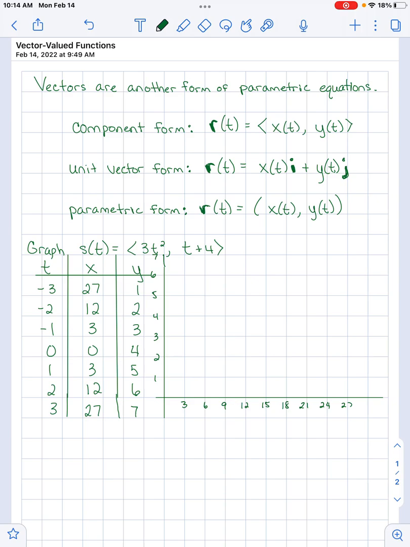Okay, so we'll plot the first point, 27, 1. So that's here. The next point is 12, 2. The next point is 3, 3. The next point is 0, 4. The next point is 3, 5. The next point is 12, 6. And the final point that I've graphed is 27, 7. So this is a parabola that is opening on its side.